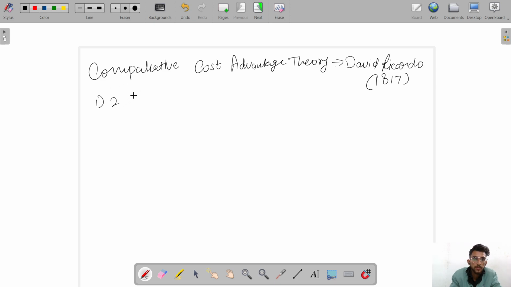First of all, this theory is based on the 2:2:1 model: two countries, two products, one factor of production, which is labor. And the second assumption is that this theory is based on the labor theory of value.